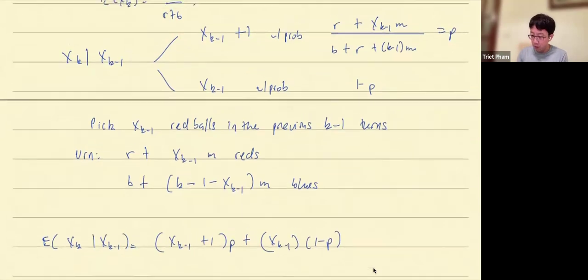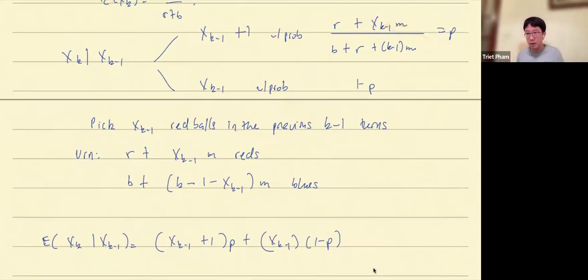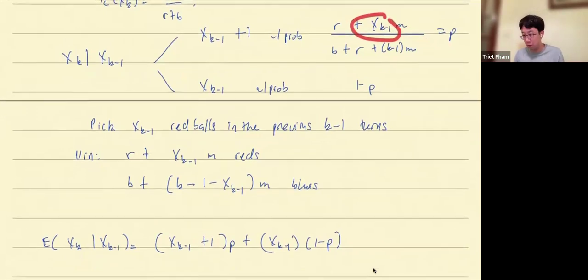The reason why you want to be careful is because p also involves xk minus 1, which if we're not careful might involve taking expectation of xk minus 1 squared, which we don't know the formula for.